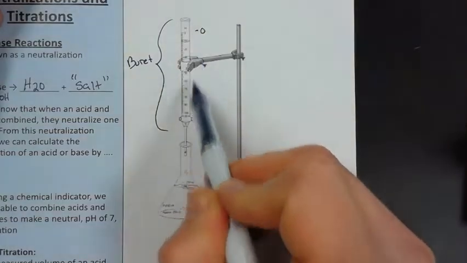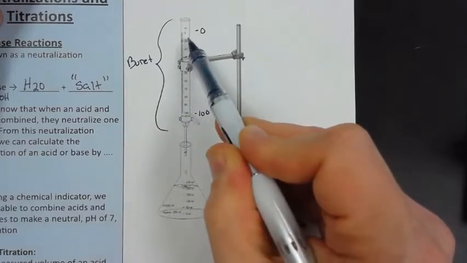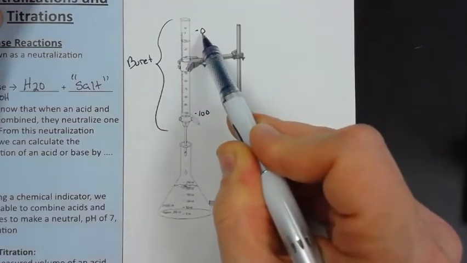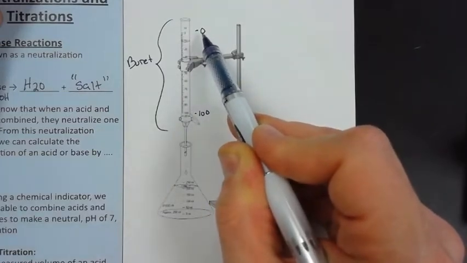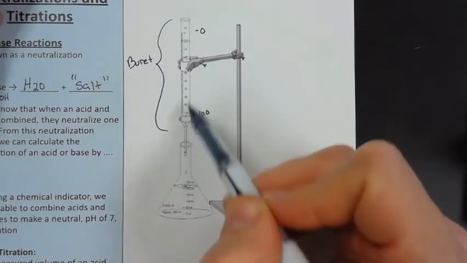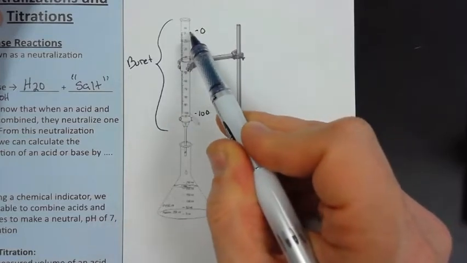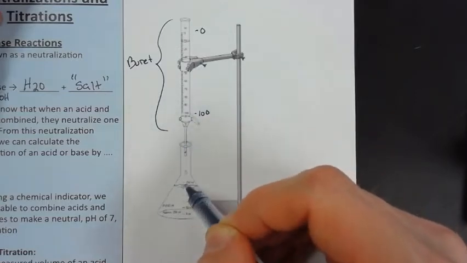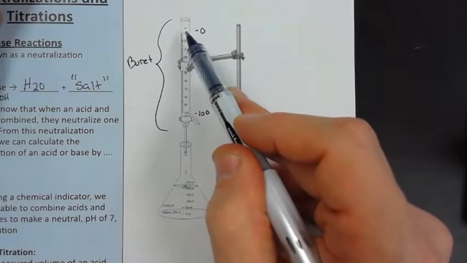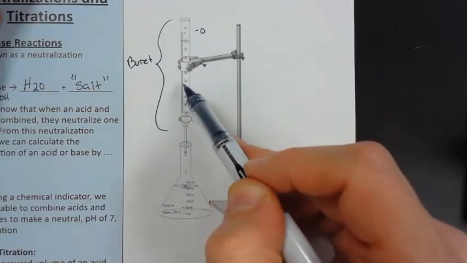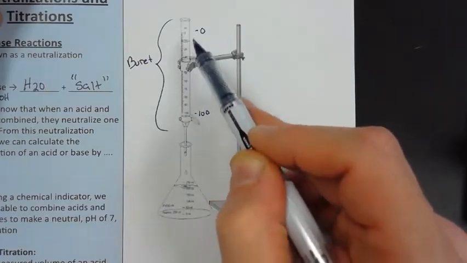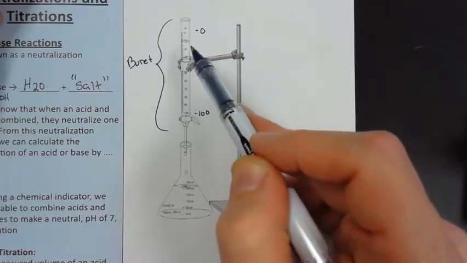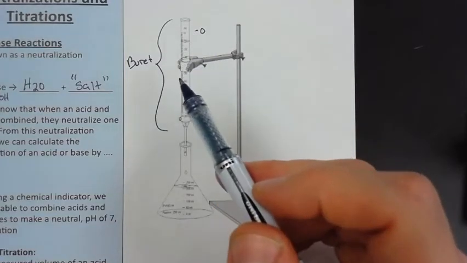If this thing was completely filled up to the top, it doesn't tell you that it's 0 milliliters full. The purpose of a burette is that if you start at 0, and then you open this valve, which dispenses some of the chemical down below, if you start at 0 and you end at 60, you know the difference from where you ended to where you started is how much you dispensed.